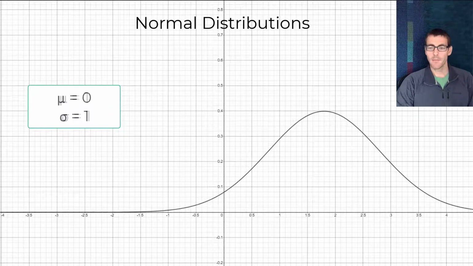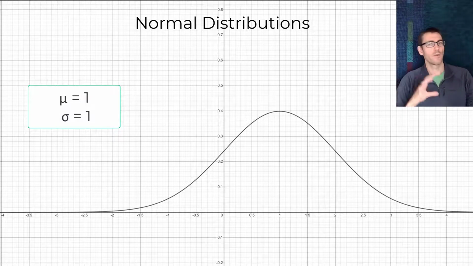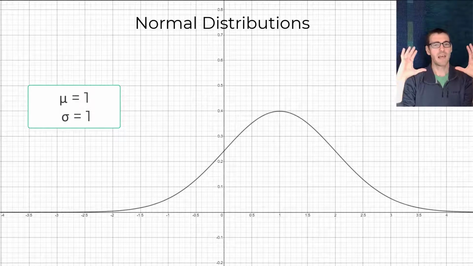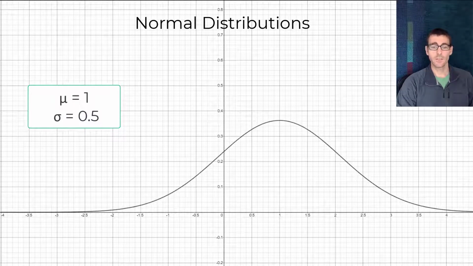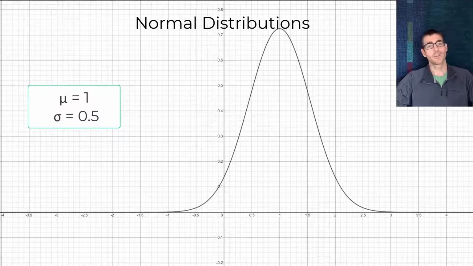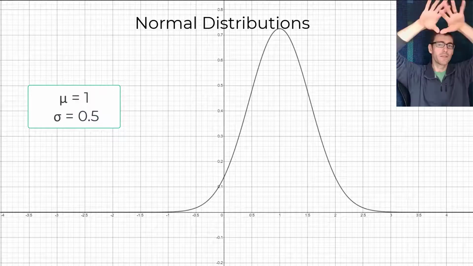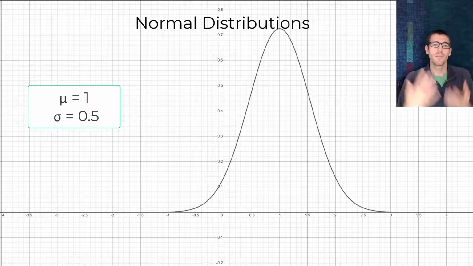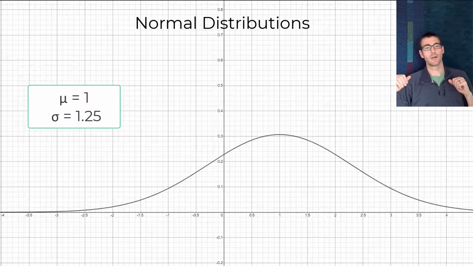We can adjust that mean, and we'll see that the entire picture slides to the right and left, but maintains that bell curve shape. Similarly, we could change the standard deviation. If we decrease it, the entire distribution gets more narrow, but in broad strokes it's still this bell curve shape, and it's going to maintain certain properties that we'll talk about moving forward. We can also increase the standard deviation, and it's going to widen out this bell curve.